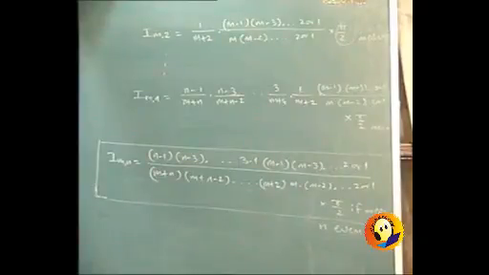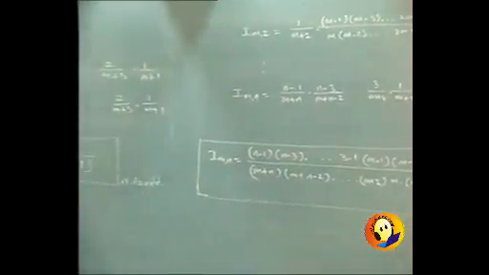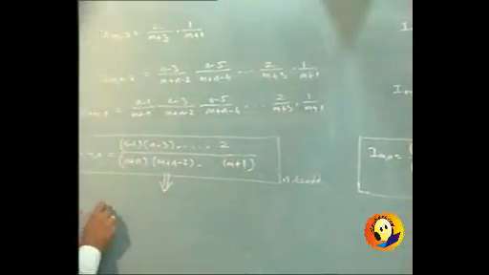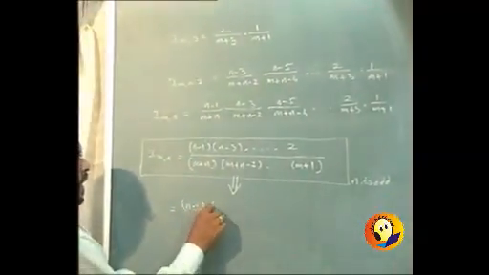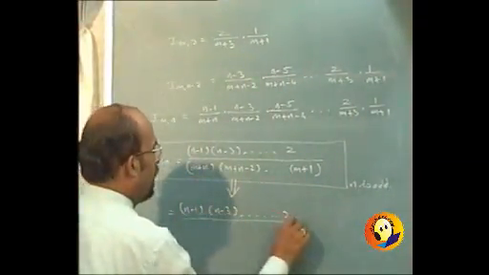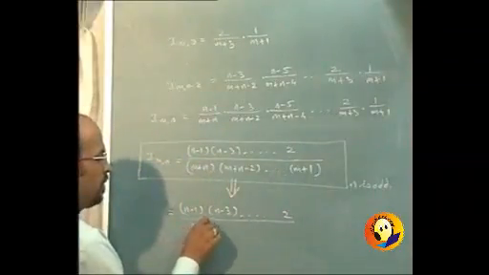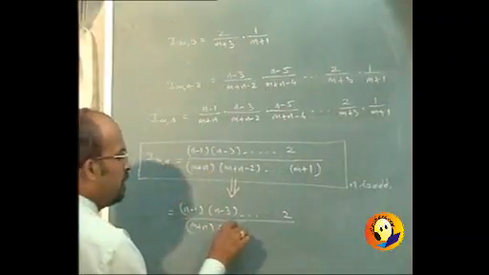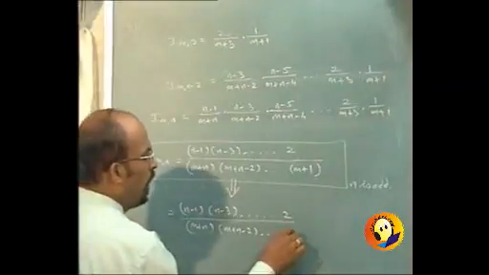Now combining the results, I can rewrite the first formula for n odd as n minus 1 into n minus 3 up to 2 divided by m plus n into m plus n minus 2 up to m plus 1.